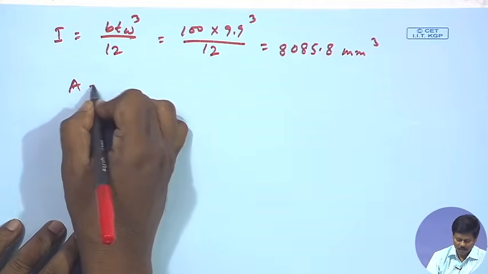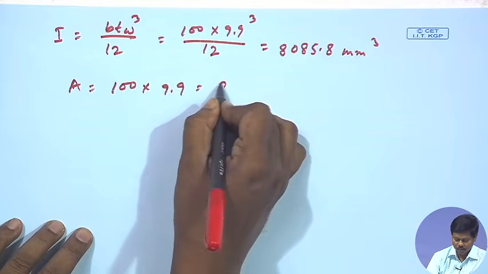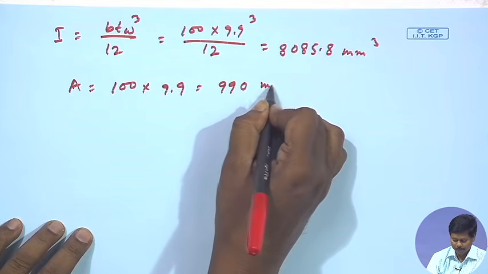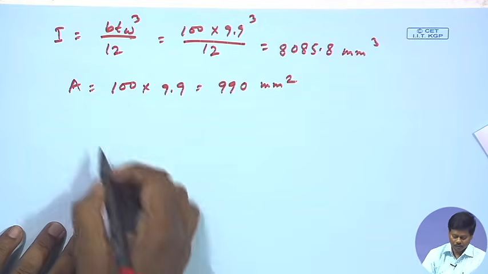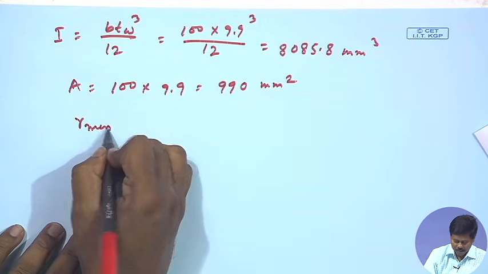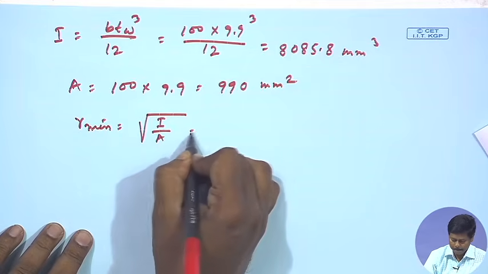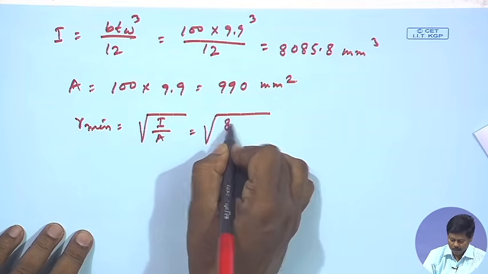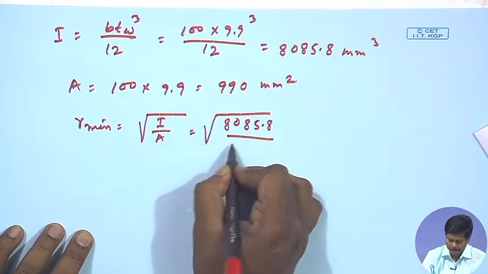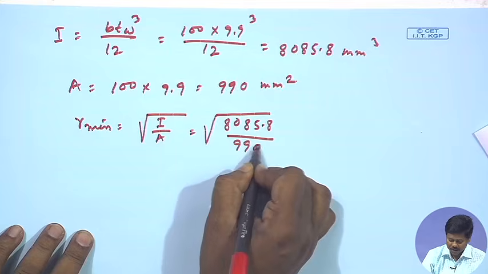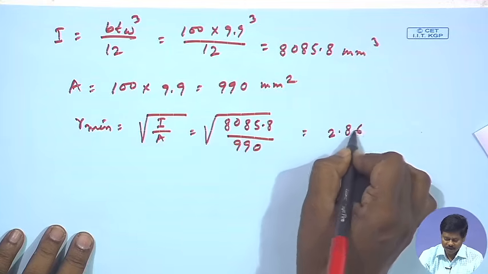And area we can find out, this is 100 into 9.9, so 990. So, R minimum I can find out, R minimum will be square root of I by A. I is 8085.8, cross section area is 990, this is becoming 2.86.